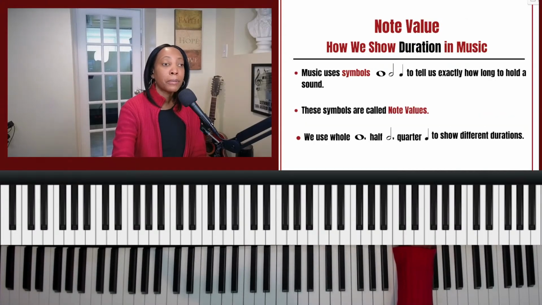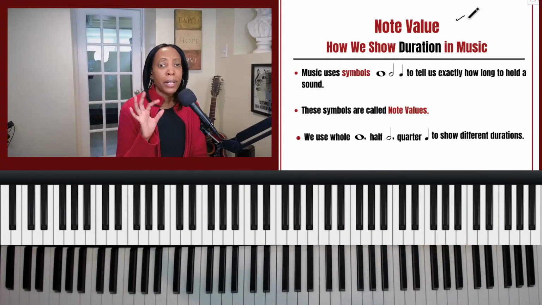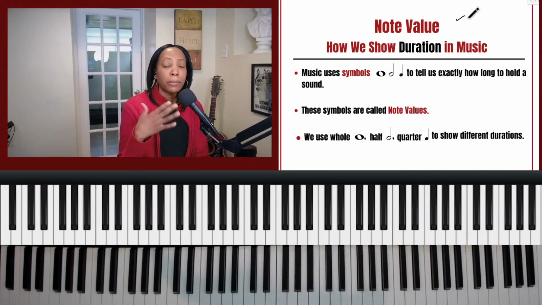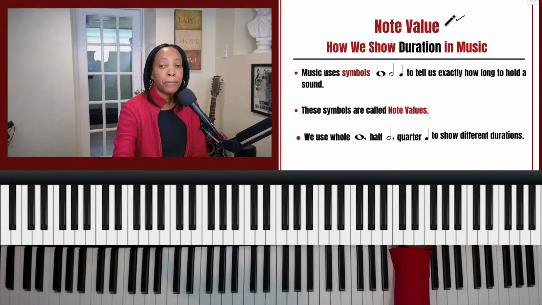The next thing we're going to talk about is note value. Now, note value tells us how we show duration in music. So for example, music uses symbols. Here you have the whole note, which I'll go into a little bit more in just a second. The half note and the quarter note.